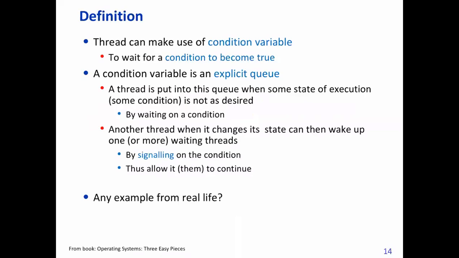All right, so let's try to understand this concept. Now a thread can make use of a condition variable and wait for a condition. To wait for a condition to become true means that if the condition is not true, the thread will wait on this condition variable.